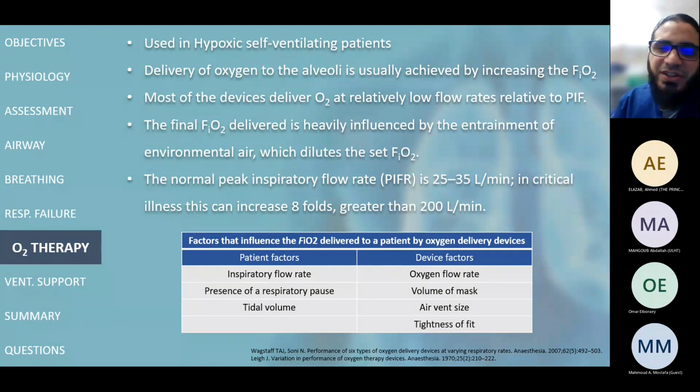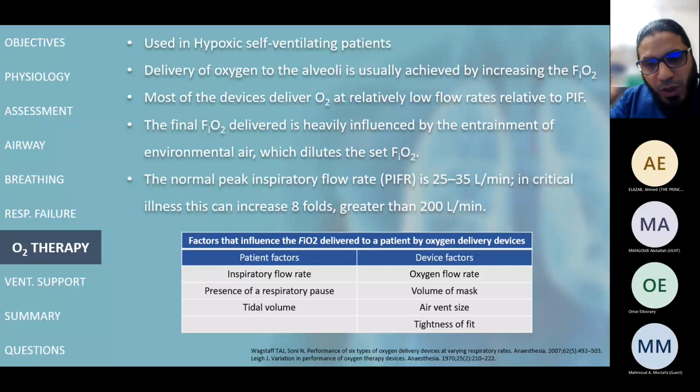So if the patient is critically ill and his demand is 200 liters, and you're providing him with oxygen at 15 liters per minute, which is less than 10% of his needs, where will the rest come from? It basically will come from the air around the device that you are using. So the oxygen that you are giving, even if it's 100% oxygen, will get diluted with the air that the patient inhales to compensate for his demand.